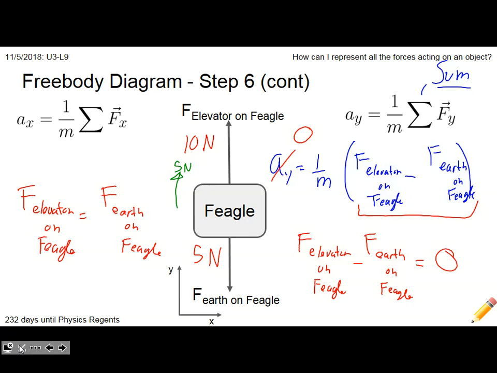But how can the force of the Earth and the force of the elevator be equal? Sure. Because they're happening for different reasons, right? The Earth on Fiegel is gravity, and that just has to do with the masses and the distance. The force from the elevator on Fiegel is just enough force so that the total force is 0.